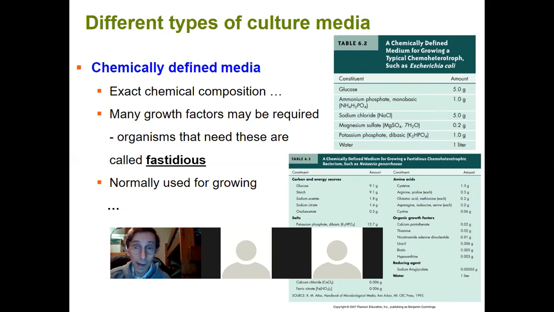That's a chemically defined media where we know all of the molecules in there. Many growth factors may be required for some organisms, and if they require growth factors, we call them fastidious. So a fastidious organism is not going to grow in this media.